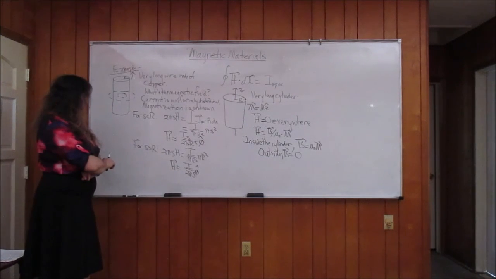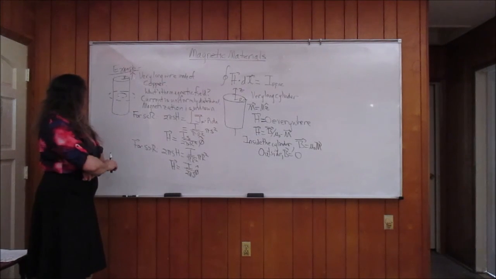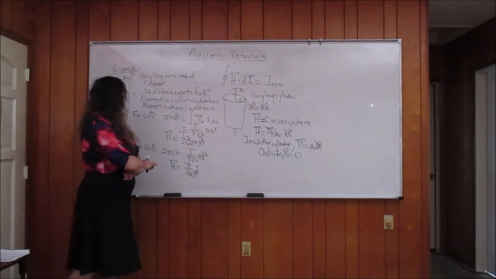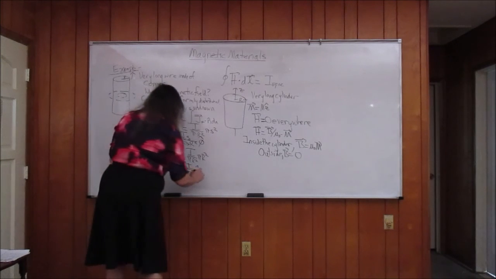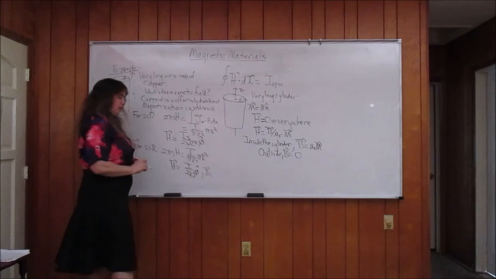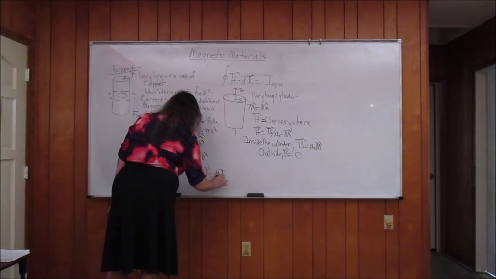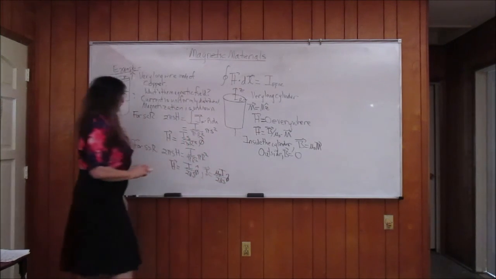Okay? Now, I don't know what the magnetization is. I'm just told what the current is. So therefore, I can only say outside, I know B is equal to mu naught H, or mu naught I over 2 pi s.